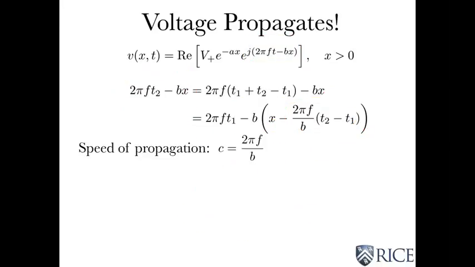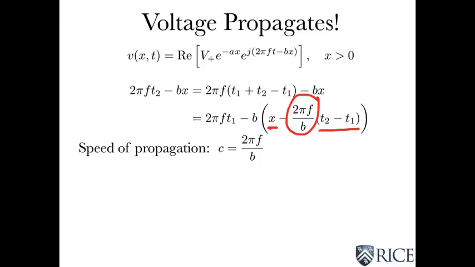So let's examine this more carefully. How fast is it propagating? If you look at the units inside here, you see that's distance and that's time. So that means this quantity has to have units of speed, of velocity. So the speed of propagation, just by unit analysis, is related to b.